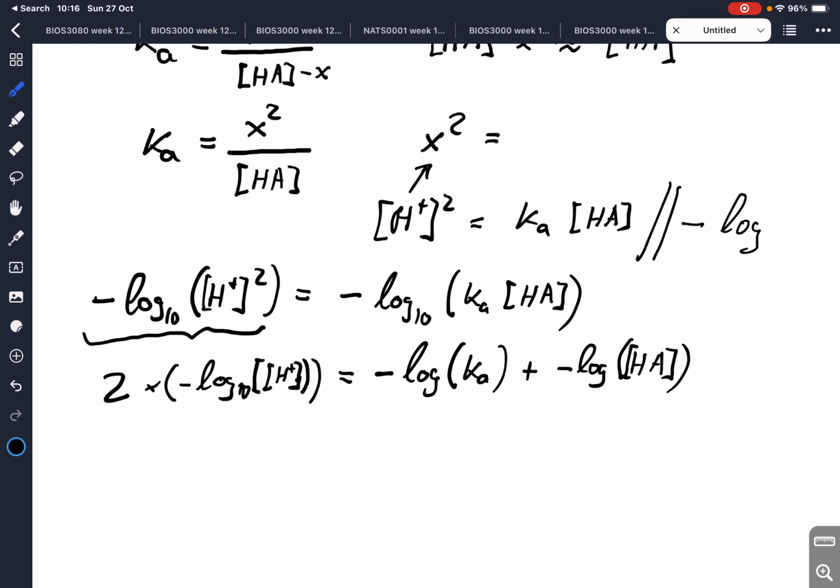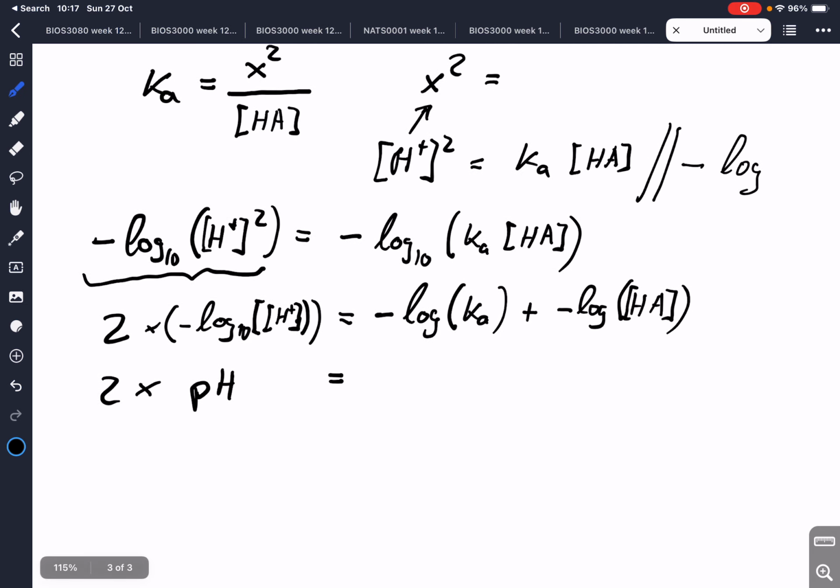Okay, so what do we have? We know that negative log 10 of the proton concentration is just simply our pH. It's 2 times pH equals minus log Ka, of course this is log to the base of 10, that of course is pKa, plus minus log of the HA concentration, the concentration of the weak acid.